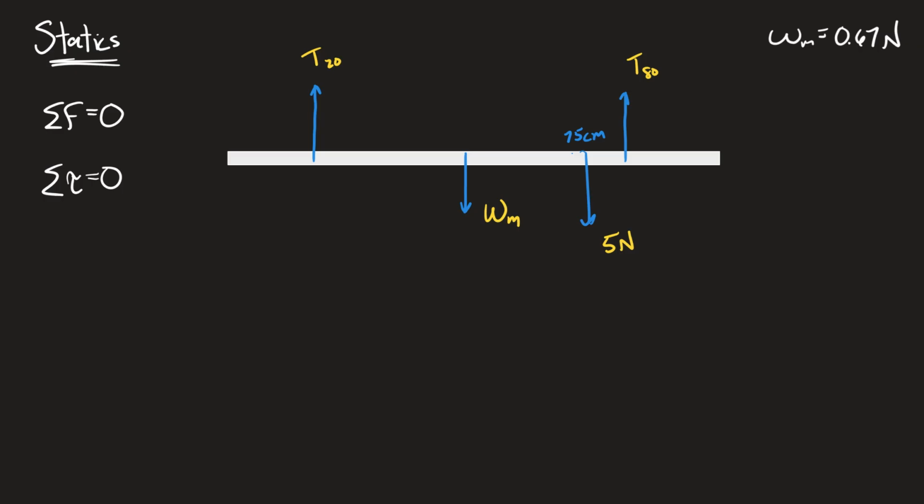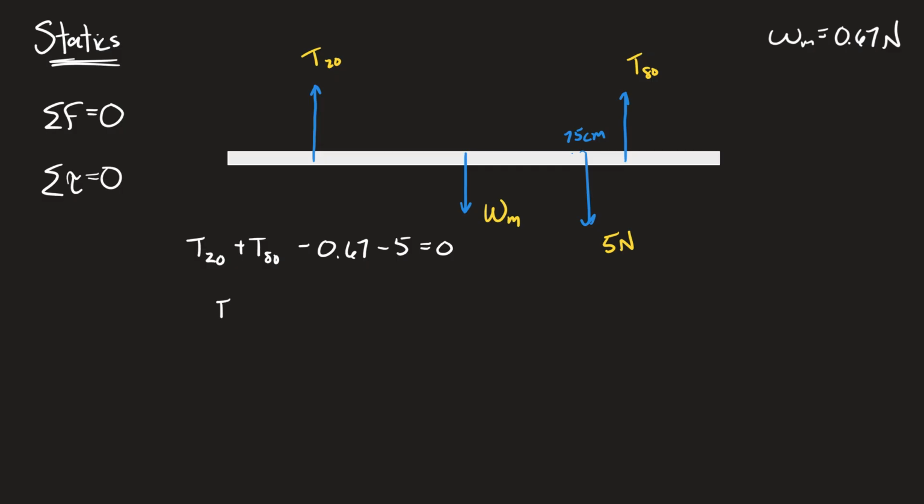If I wanted to know what the two tensions are, I'm going to have trouble if I just use net force. My net force equation is going to have T20 plus T80 upwards minus 0.67 minus 5 downwards, and that has to sum to equal 0 because it's clear that the meter stick isn't accelerating, so this is a first law problem.